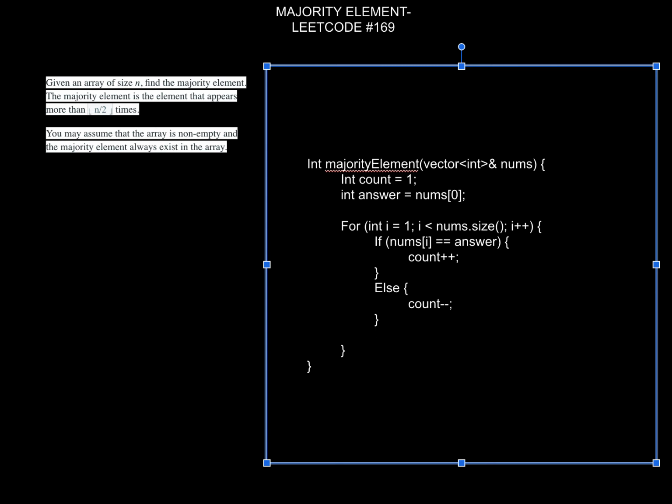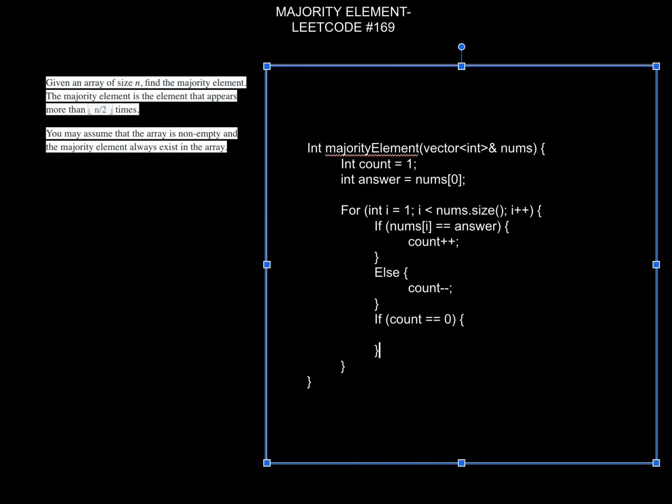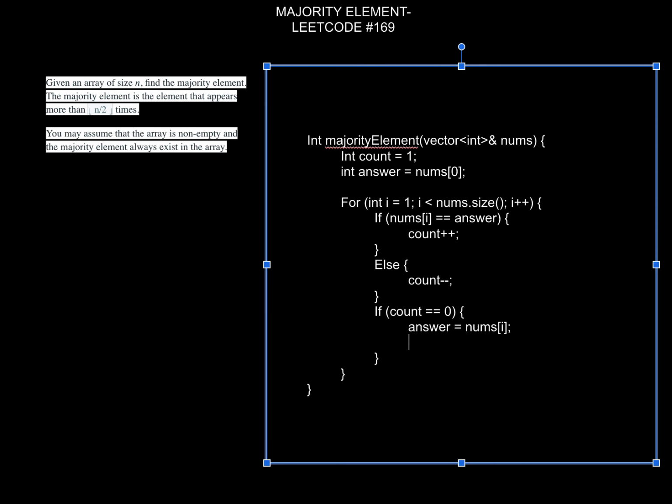So after either increasing or reducing count, we have a quick check, and this is the main part of the algorithm. If count is equal to 0, then we make answer equal to nums[i], and we increase count, because count is always at least 1.